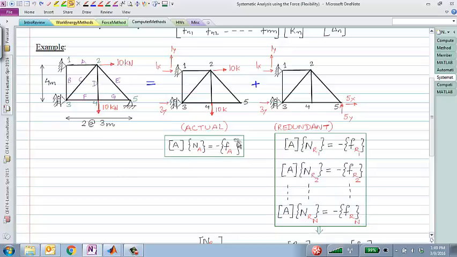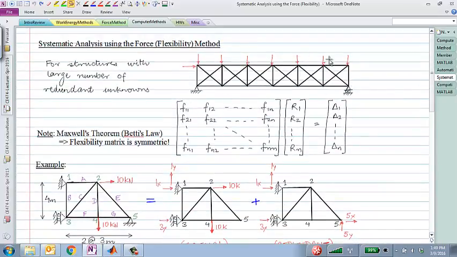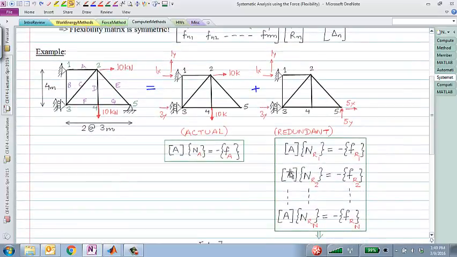I have one actual problem and a sequence of redundant problems. Here's a question. For this particular problem, how many redundant problems would I have? 6. I would have 6 equations here. For each one of those redundant forces, I'd be trying to find out what are the internal forces here and the reactions, right?